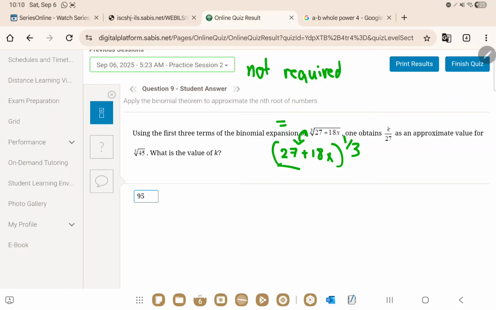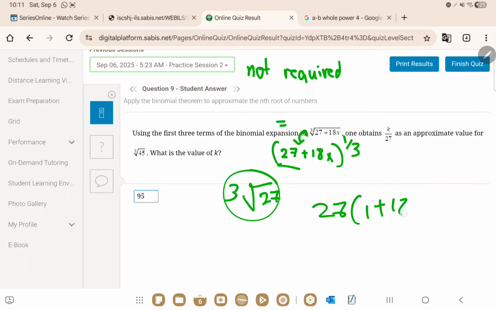But be careful, because when you factor it out, you need to put it under the radical sign, like the cube root of 27. If you factor it out normally as 27 into 1 plus 18x to the power of a third, it is wrong. You have to take it out like this because you took it out from under a radical sign.